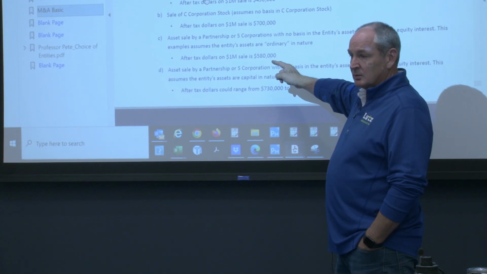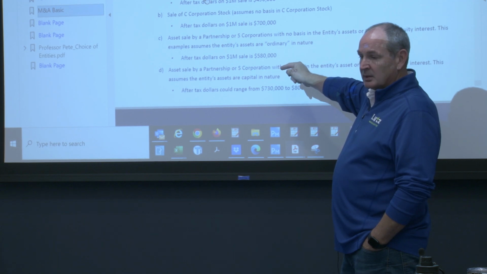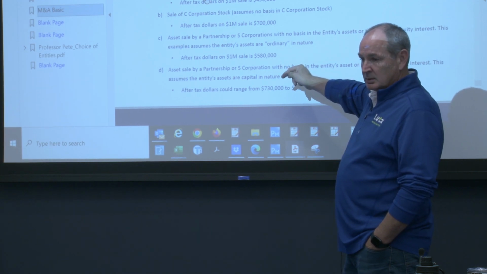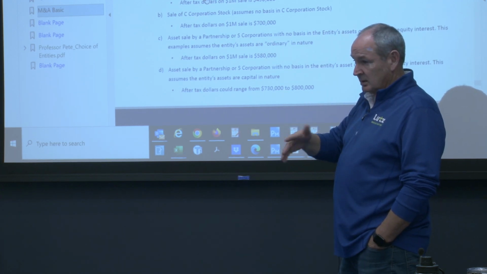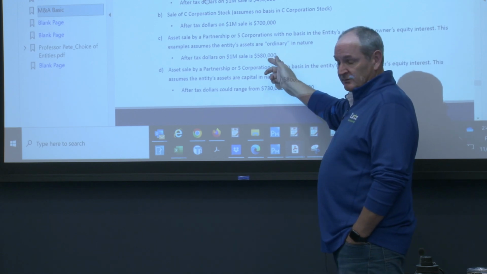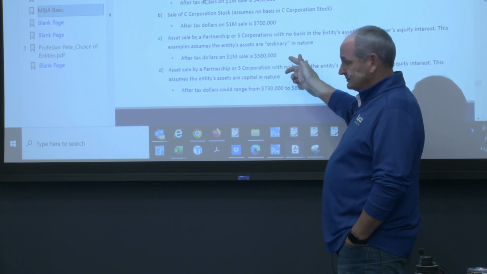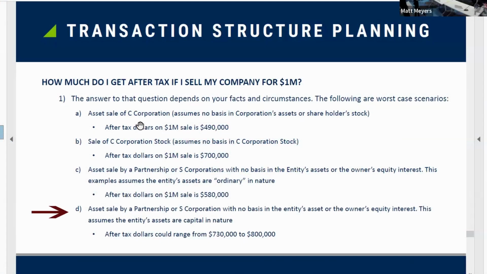So going back to the example where I'm buying Max's company and it has all cash-based AR, and all I'm paying is the amount equal to the AR, that's all ordinary. That's this scenario. That would result in $580,000 of tax. Partnership or asset sale with no basis, the owner's equity interest, this assumes everything's capital in nature, and we have $730,000 to $800,000 worth of after-tax proceeds.